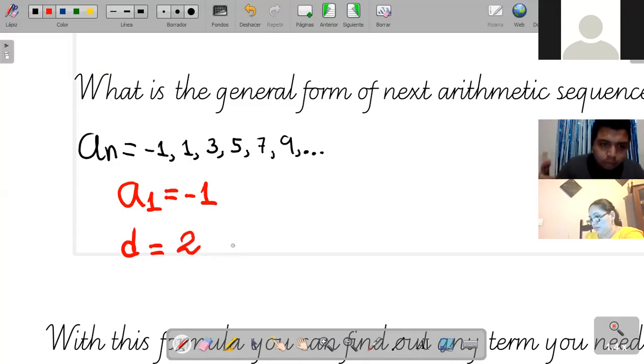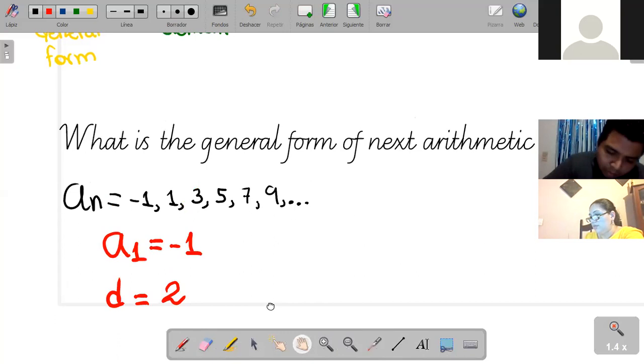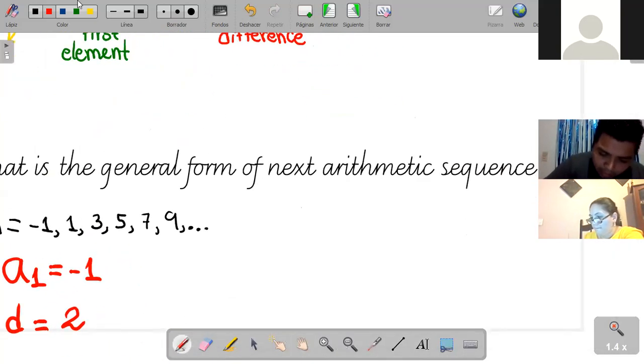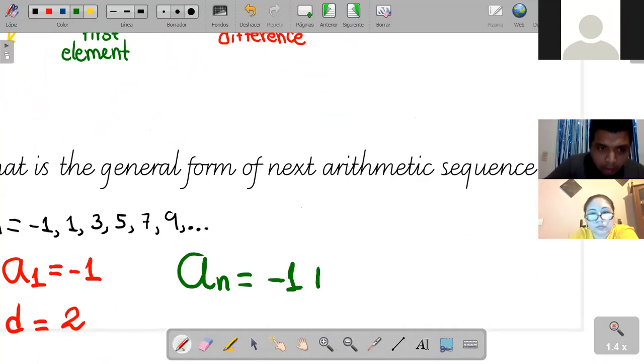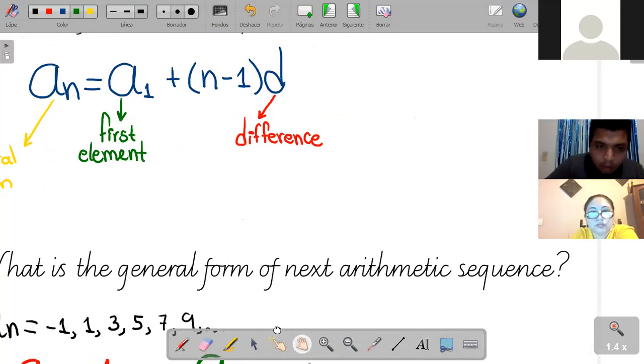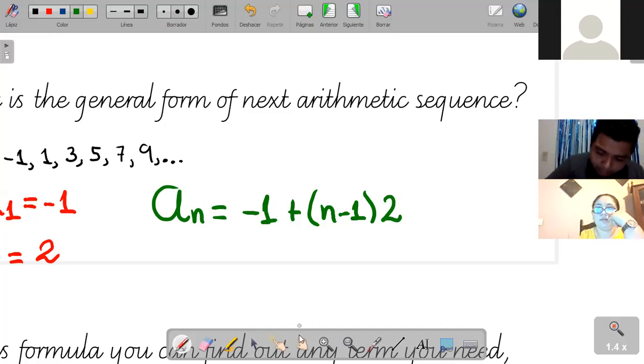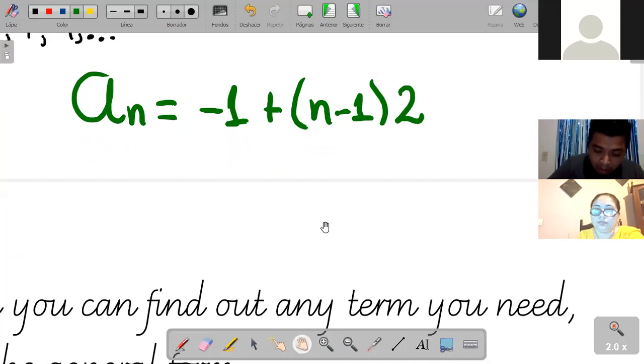How can you write the general form that describes any value? Following the formula, it will be a sub n equals our first term, -1, plus, let's follow in here, n minus 1 times the difference, which is 2. Of course, what comes here is just applying some algebra. That's why I asked you to make a photo related with polynomials.